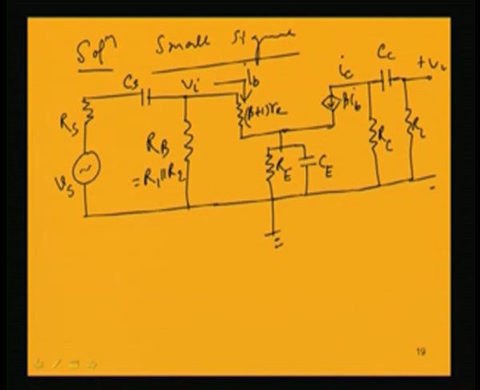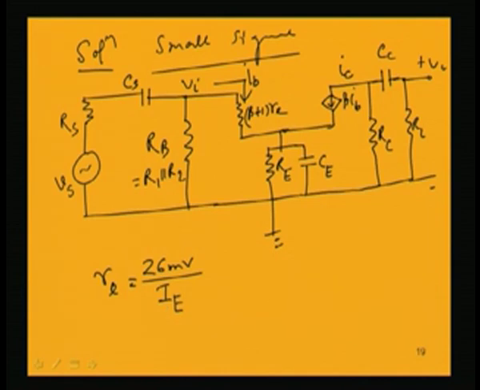Now, in order to know the lower cutoff frequency, as we have seen in the earlier classes, we have to consider one by one the cutoff frequencies. Now, again in this small signal analysis, in order to find out re, the resistance between emitter and base, we have to again consider the DC equivalent circuit, because re is nothing but 26 millivolt divided by IE, the DC current.